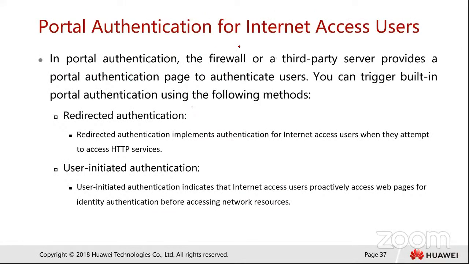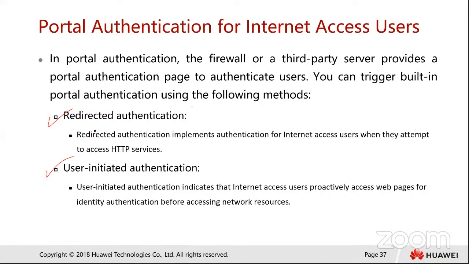Okay, so the portal authentication for internet access users. In portal authentication, the firewall or a third-party server provides a portal authentication page to authenticate users. You can trigger built-in portal authentication using the following methods: either redirected authentication or user-initiated authentication.